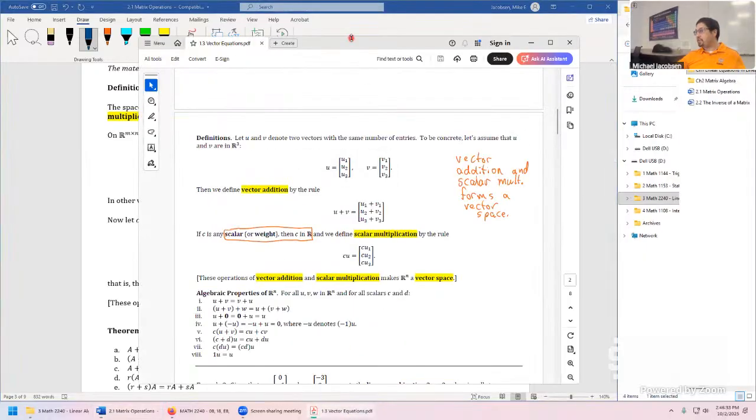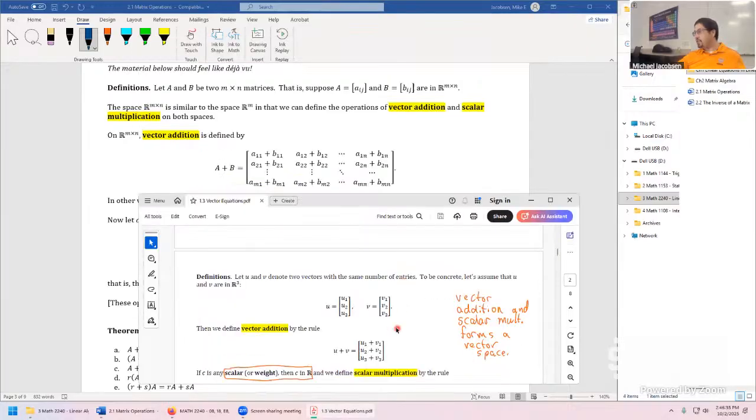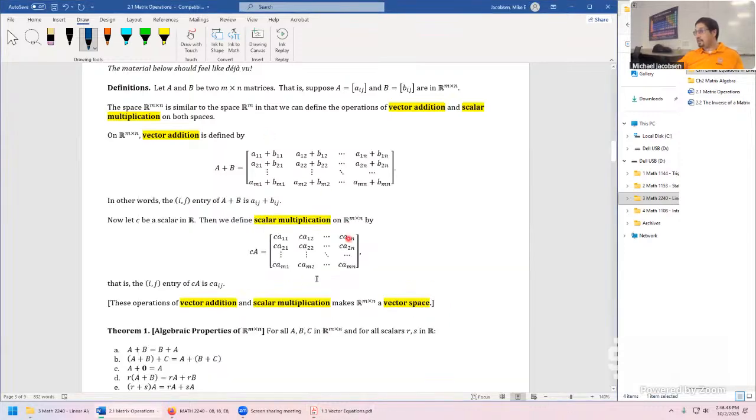Again, should feel like you're doing the same exact thing when you were down here doing that vector addition. That's kind of comforting in a way that we have the same kind of algebra so far. Scalar multiplication goes exactly the same as well. We scale every single entry by the common scalar c when we do c times A like this.